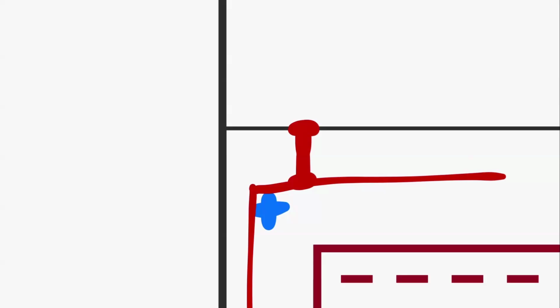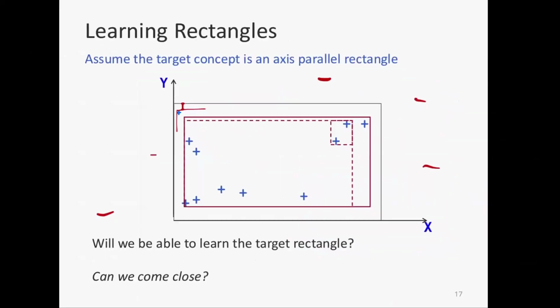At that point, I don't have a choice. The only way in which I can ever learn the target rectangle is if I get a data point that sits on the rectangle, but that's a very, very unlikely thing, right? So no matter how many finite number of data points you have, unless you have a point exactly on the rectangle, you will never be able to actually find the boundary of that rectangle exactly.